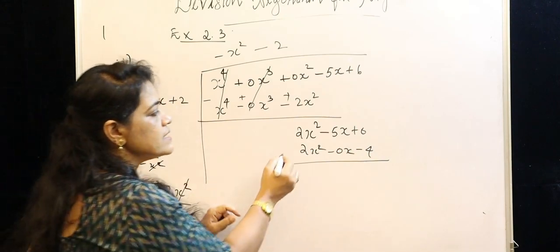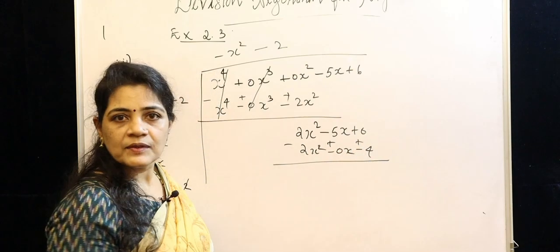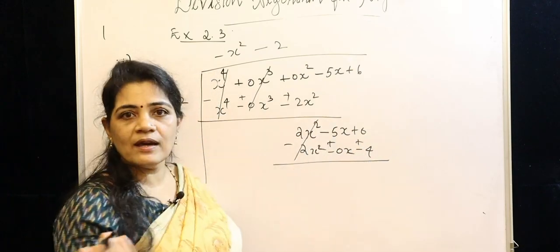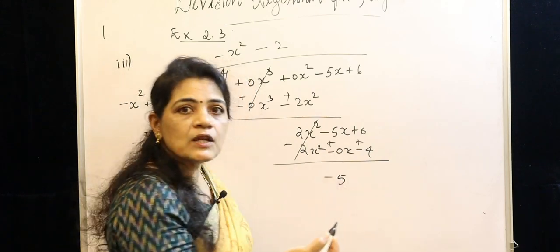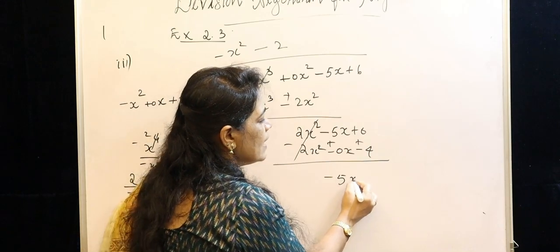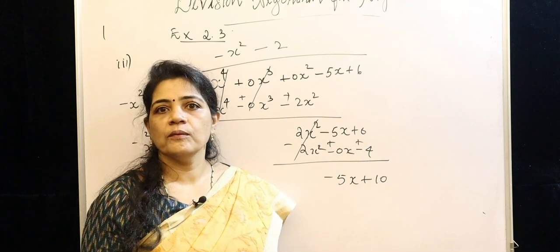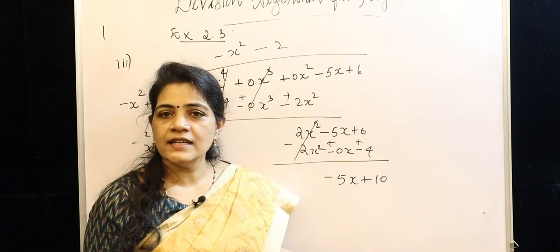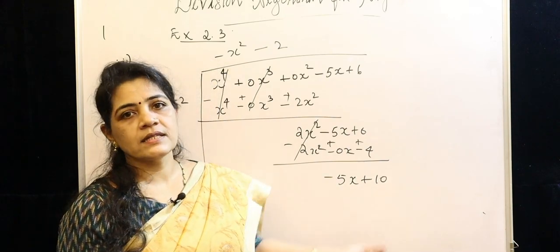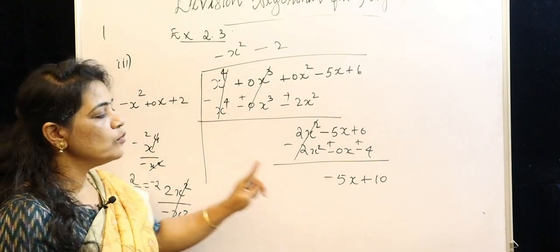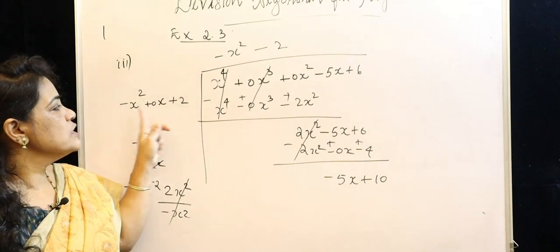Again change the sign, plus and plus. So plus 2x square minus 2x square get cancelled. Minus 5x plus 0x means minus 5x, and plus 10. 6 plus 4, minus 4 becomes plus 4 after changing the sign. So the constant now is 10. So minus 5x plus 10 is the remainder, because we now have an expression whose degree is less than this g of x.